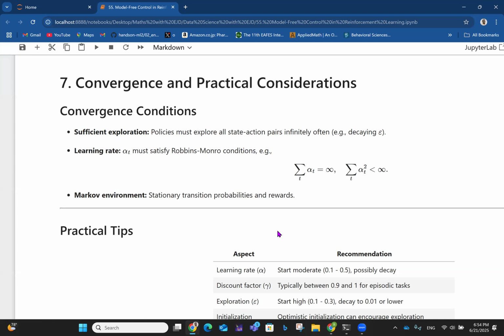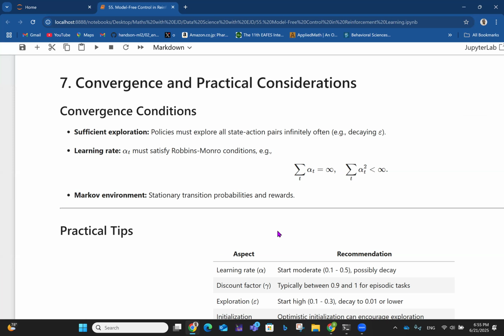Then talking about convergence and practical considerations. So convergence conditions: you have sufficient exploration. Policies must explore all state action pairs infinitely often, e.g. decaying epsilon. Then you have the learning rate, which is another convergence condition. The learning rate alpha sub t must satisfy Robbins-Monro conditions, e.g., the summation of all the alpha t's should be infinite, meaning that the summation of all alpha t squared should be less than infinity, should be a real number, so to speak.